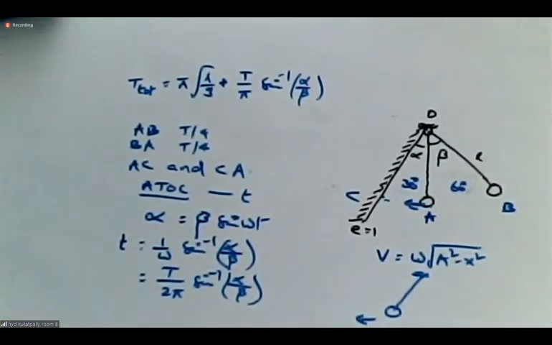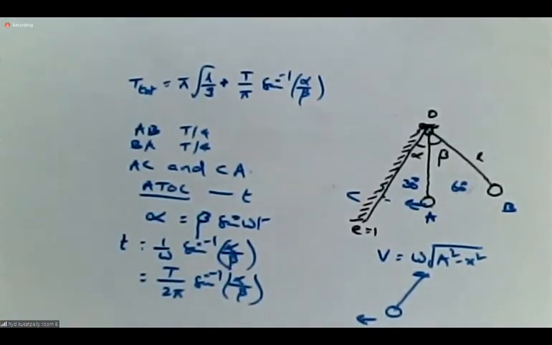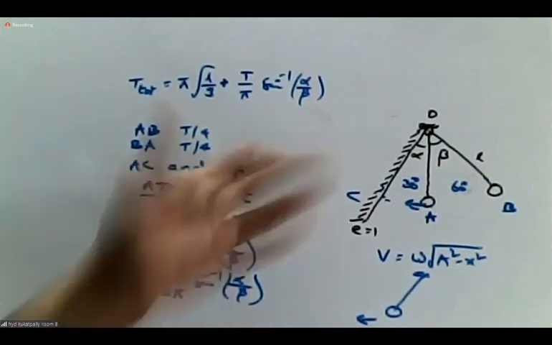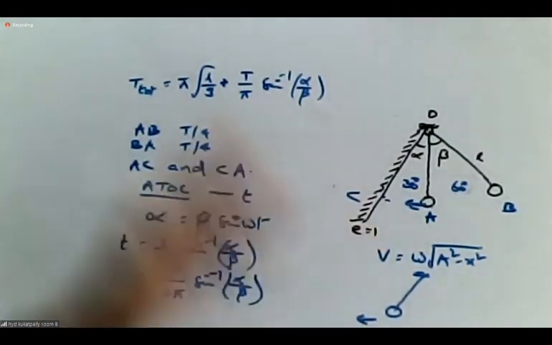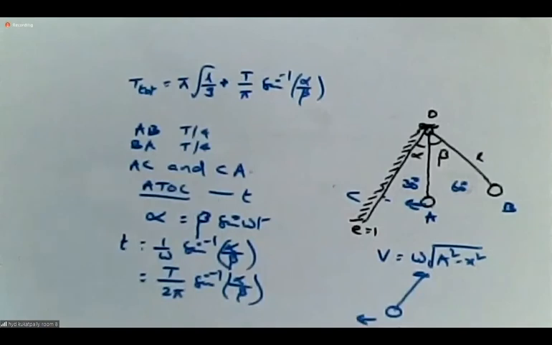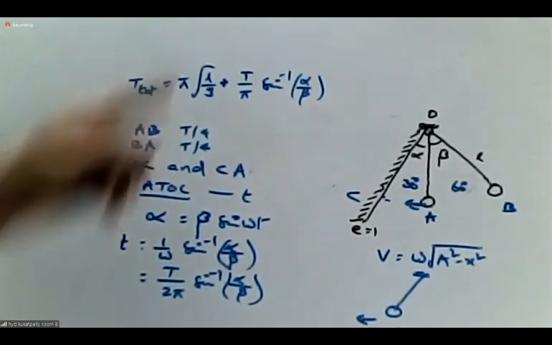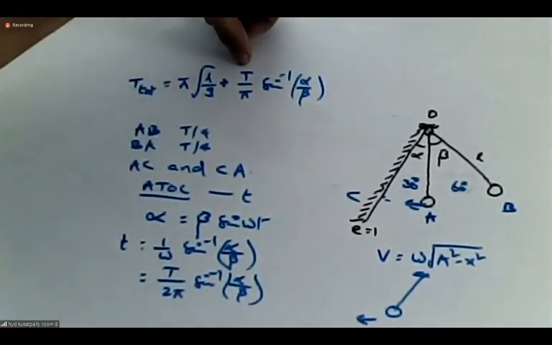This is the answer. Sir, what is capital T? Capital T is the time period with no wall, nothing, simply the simple pendulum time period, 2 pi into root L by g. So here also, in place of capital T, you can write 2 pi into root L by g.